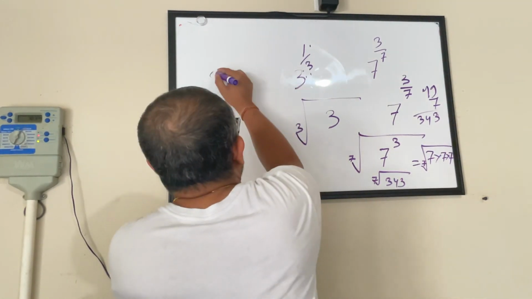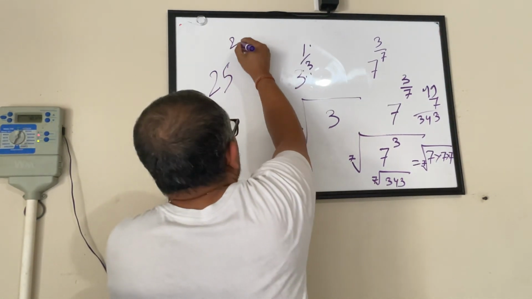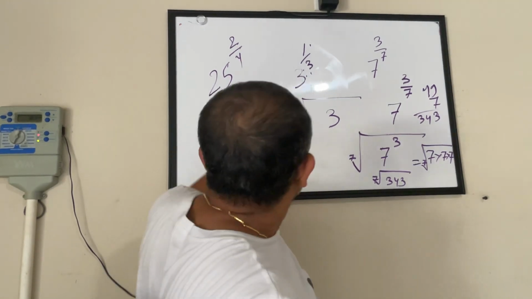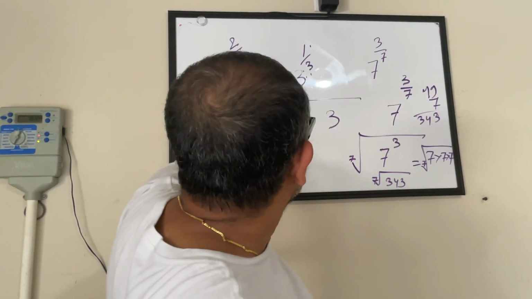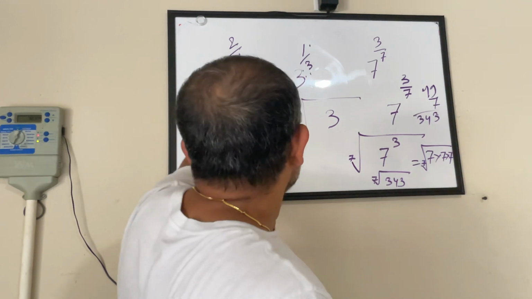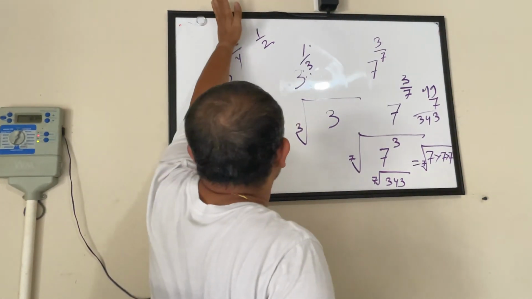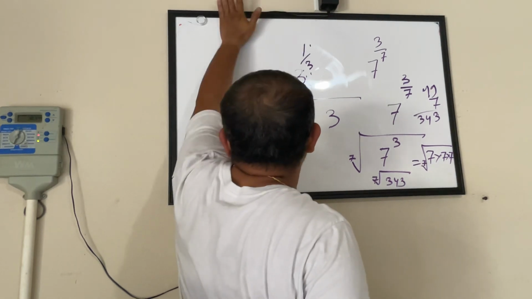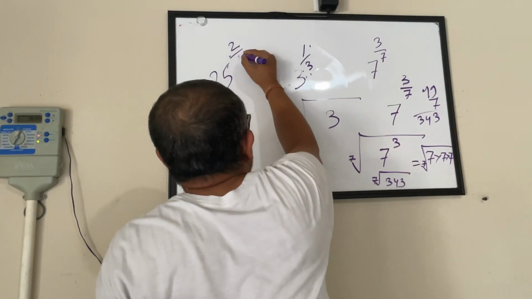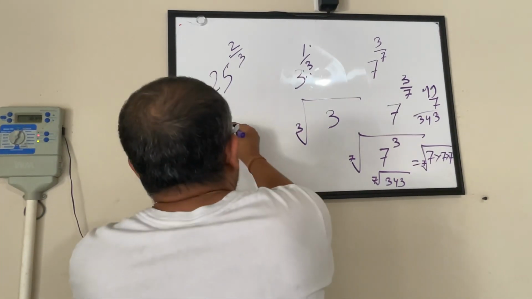So likewise, when I was saying this one, we had the option of simplifying it and saying 2 by 4 becomes 1 by 2. But if it was, let's say, 2 by 3, that means 25 to the power 2, cube root.